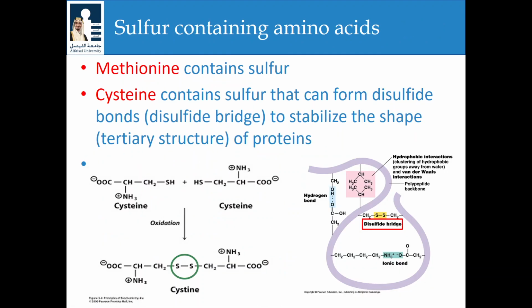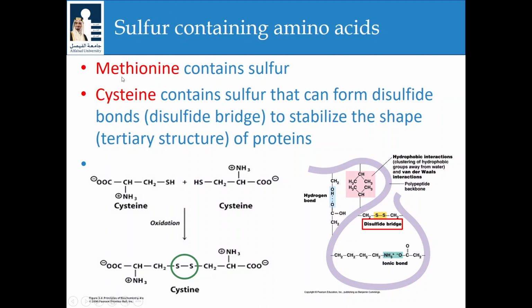Now we're going to talk about the ones that contain sulfur. We have only 2 amino acids with a sulfur group. And where is the sulfur group? In the side chain, of course, because we don't have S in all amino acids. We only have it in 2 cases, so it has to be in the side chain.